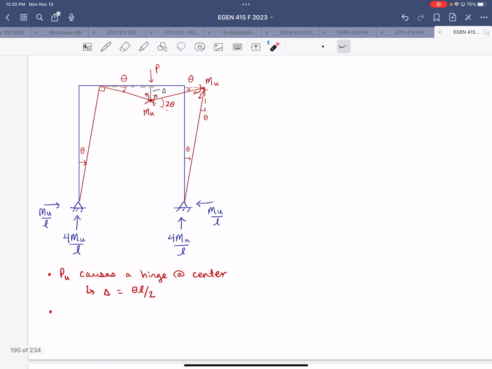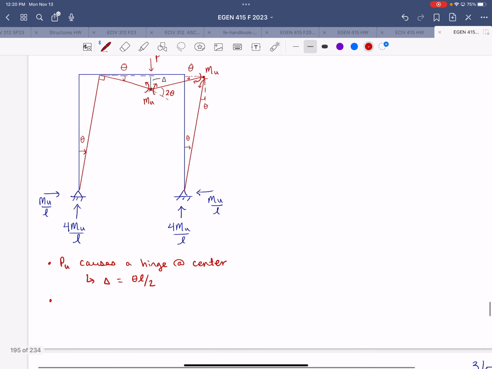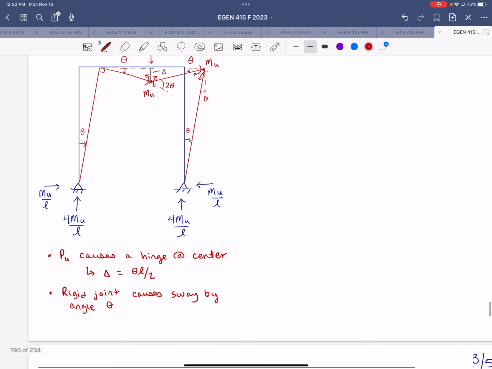And if we are maintaining that one of these rigid joints keeps its 90-degree angle, then that means that the frame has to sway by angle theta. So then at the hinges, we have our total moments times our total angles for the internal strain energy.